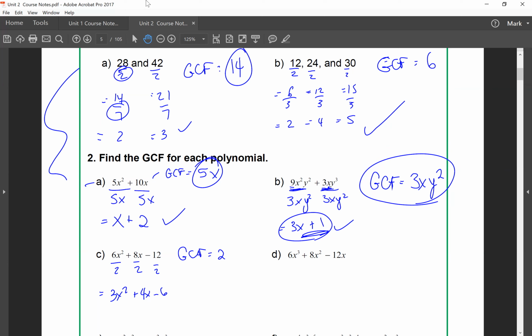After I find my GCF, I don't solve it further. No, not for this question. There's a reason I'm doing this, which I'll get to after this topic. But if I just ask you for the GCF, just give me the GCF. That's it.